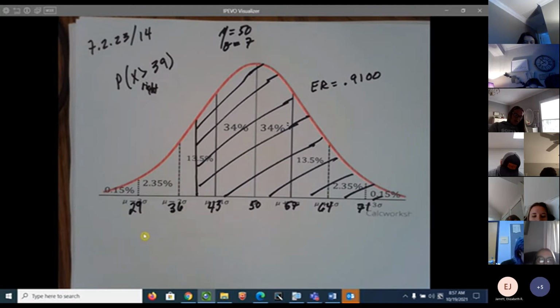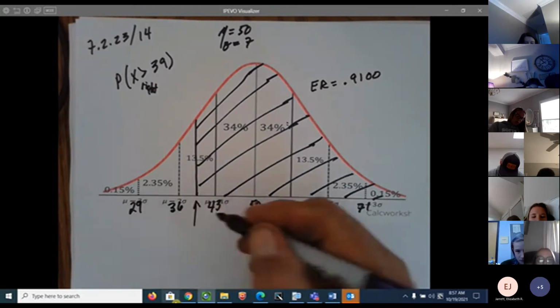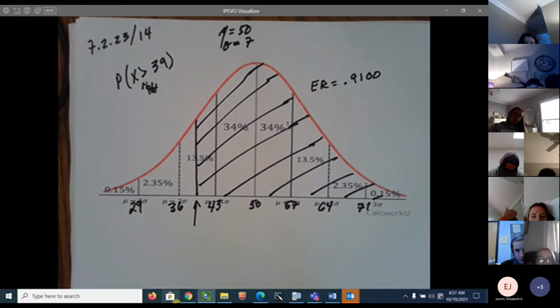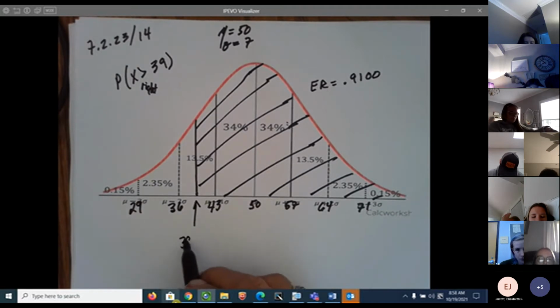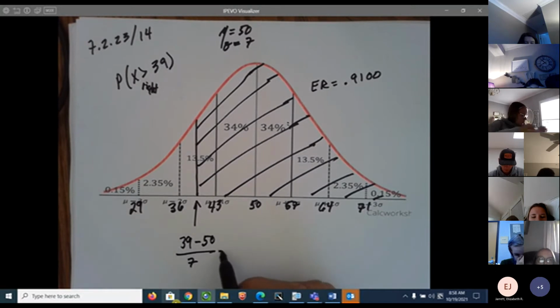So let's see what it is. If you got an old calculator, it's going to be 39 minus 50 divided by 7, which is negative 11 divided by 7.